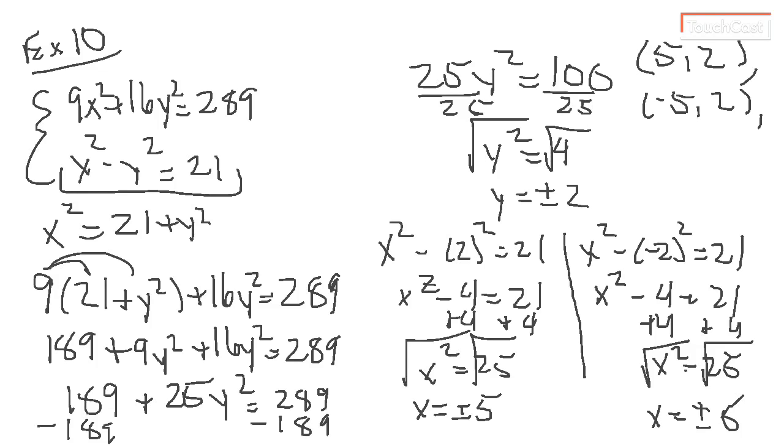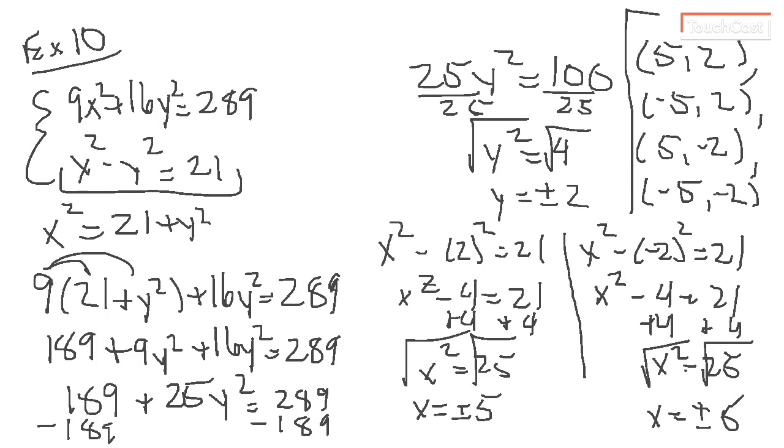Interesting. So we're going to have 2 more answers. 5, negative 2, and negative 5, negative 2. So we had 4 answers again. That is neat. And that's going to wrap up our lesson on nonlinear systems of equations.